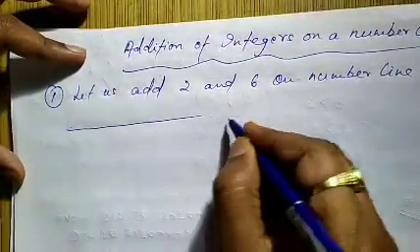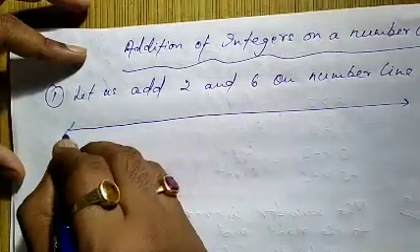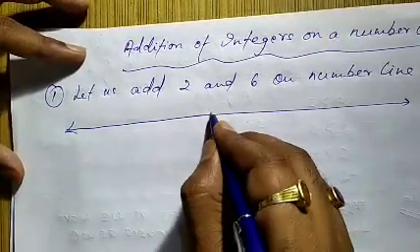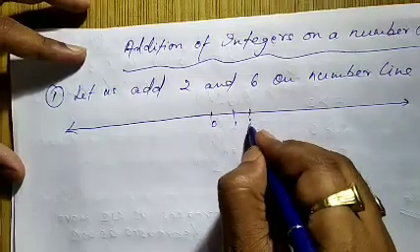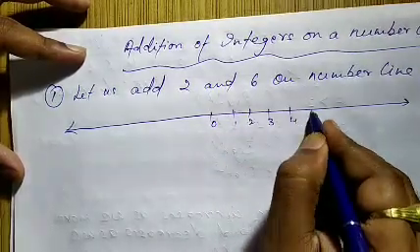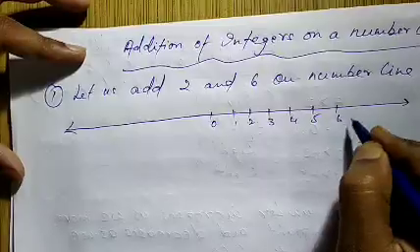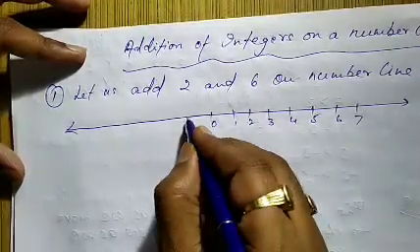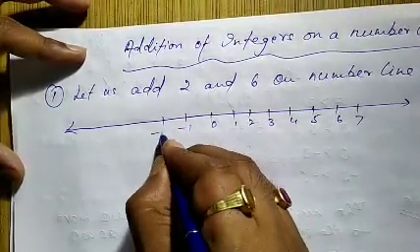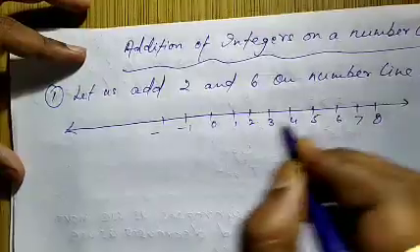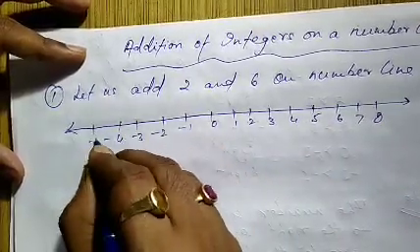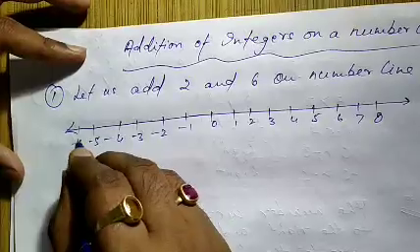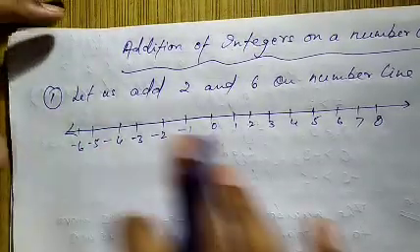So first draw the number line. 0, 1, 2, 3, 4, 5, 6, 7 and so on. -1, -2, -3, -4, -5, -6, and so on.